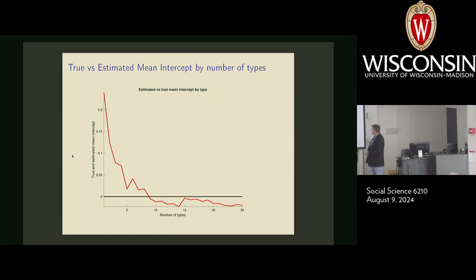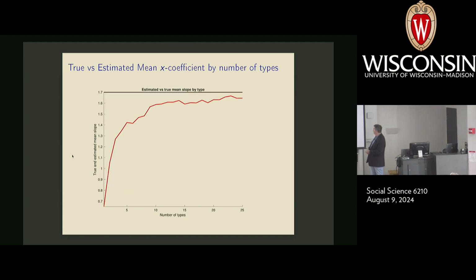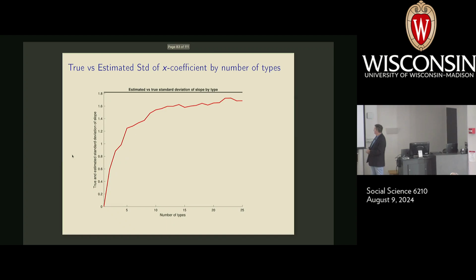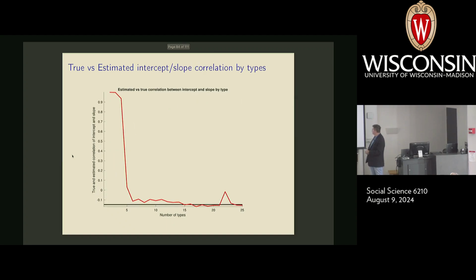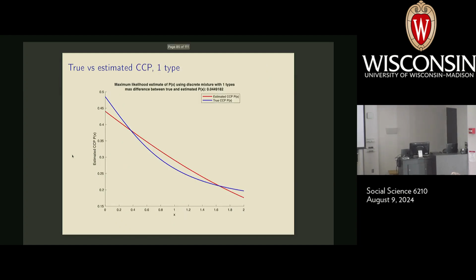All right. So here's the same thing. Here are the moments of the mean intercept. Here's the X coefficient. And now they're actually converging much better, and they're close even in the range of the selected models, which is right here. Now, here are the CCPs. This is one type, same as we saw before. Remember, this is the estimate with data.